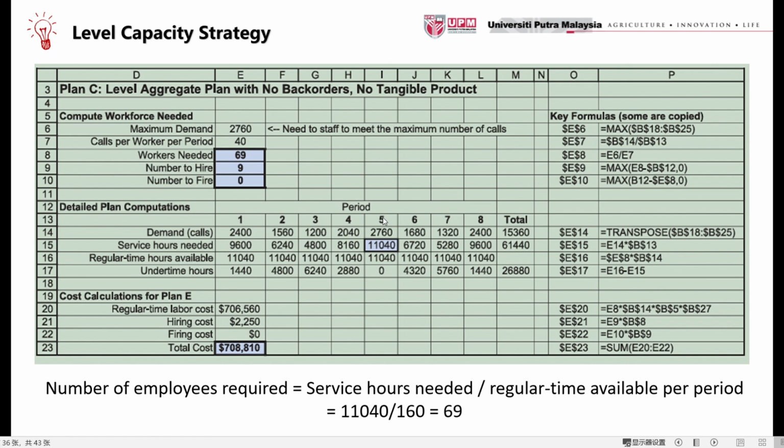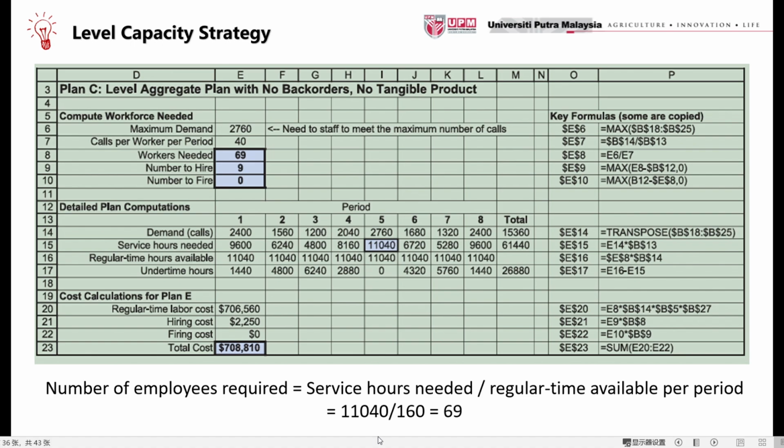That is in period 5, the number is 11,040, and we divide it by 160. Then we get that with the level capacity strategy, this company needs 69 staff to give the service to the customers.